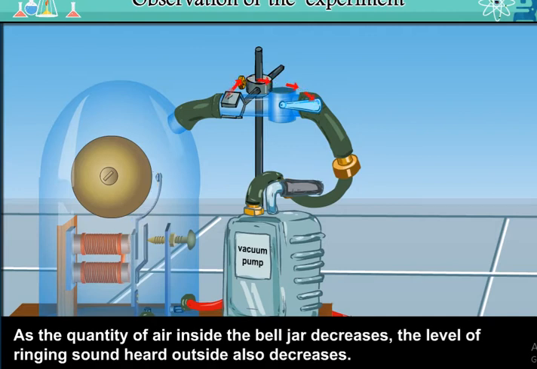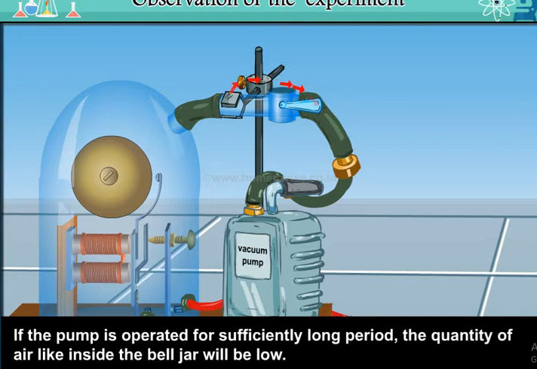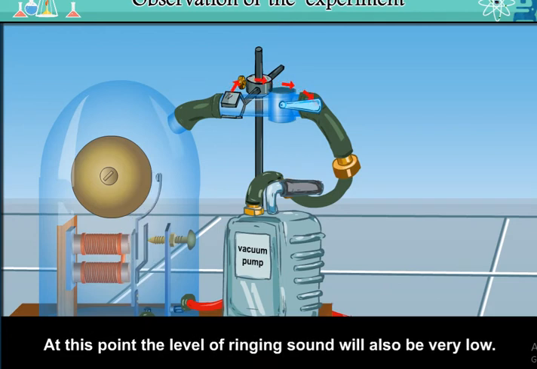As the quantity of air inside the bell jar decreases, the level of ringing sound heard outside also decreases. If the pump is operated for a sufficiently long period, the quantity of air inside the bell jar will be low. At this point, the level of ringing sound will also be very low.